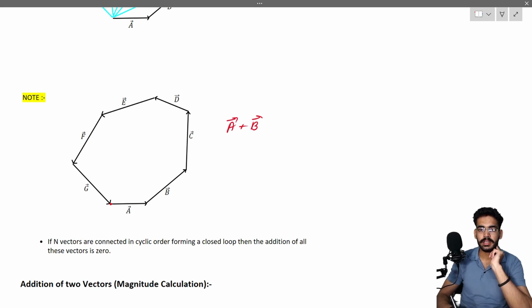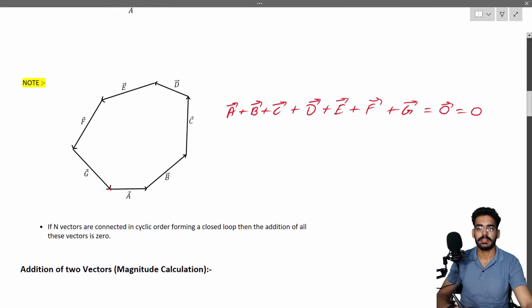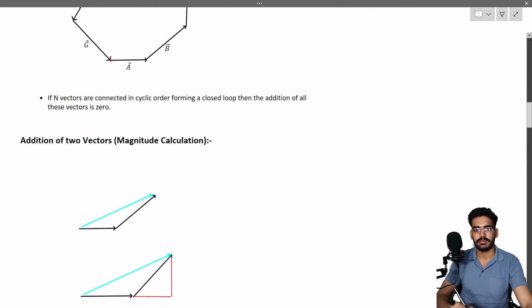So I can write here a plus b plus c plus d plus e plus f plus g equal to zero vector. If you are connected in a cyclic order in a triangle or in any polygon, triangle, quadrilateral, or whatever polygon, then it will be zero.